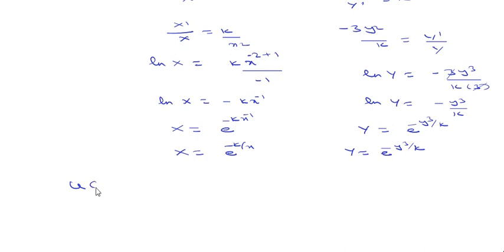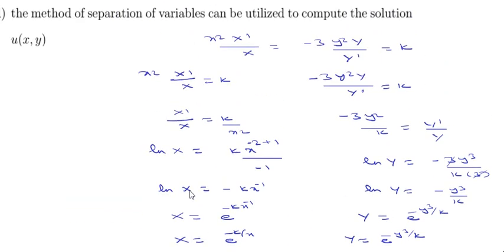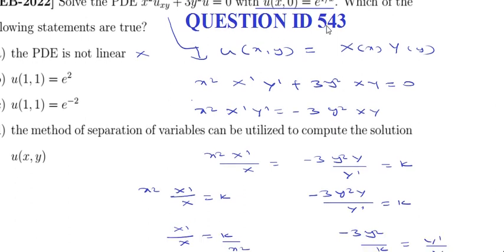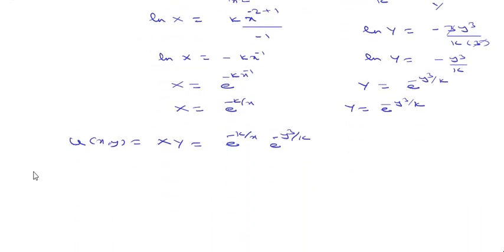So our solution u of x comma y equal to XY. So this is equal to e power minus k by x into e power minus y cube by k. So this is our solution. So we have the condition u of x comma 0, from this we can find the arbitrary constant k. u of x comma 0 equal to e power 1 by x.